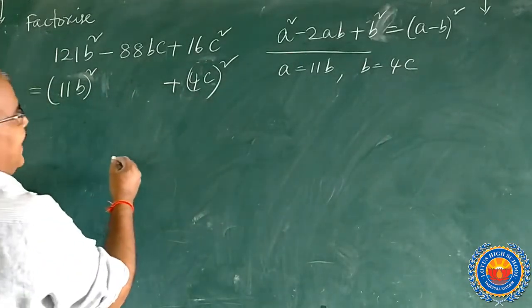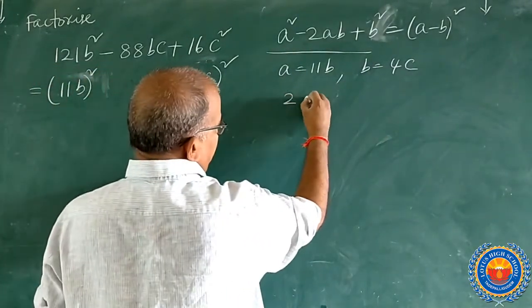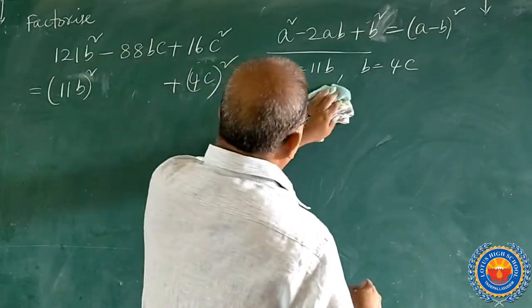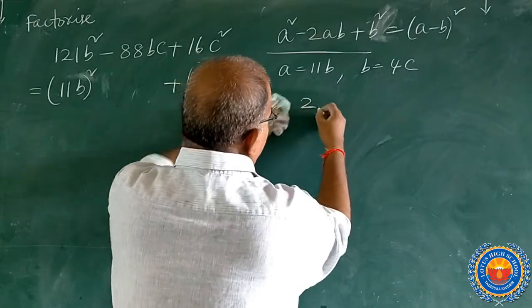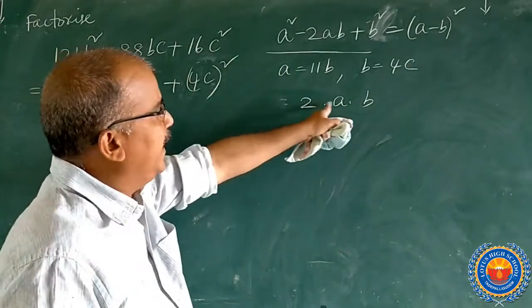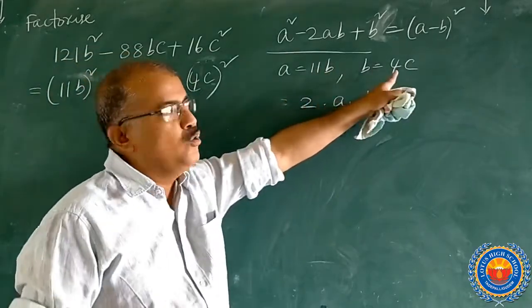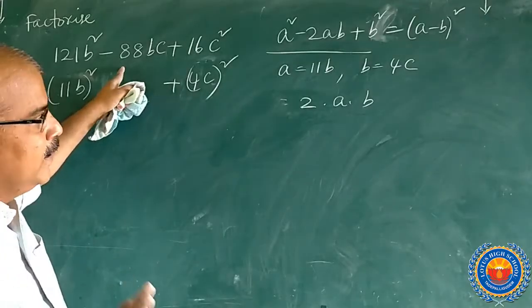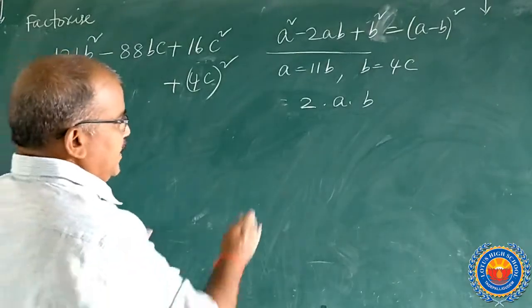Now I have to check the 2ab term: 2 into a into b. If you multiply 2 into 11b into 4c, you should get 88bc. Then only your answer is correct. Okay, now I will check.